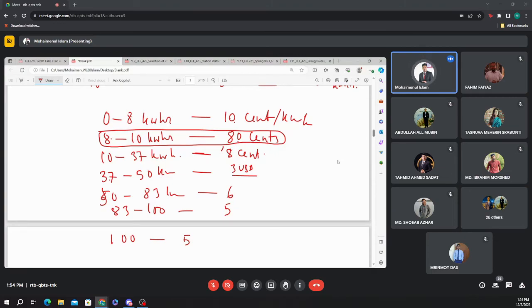Each of the energy, you need to pay the constant rate. And for 50 to 83, the rate is previously designed 6. But for 83 to 100, if you consider the 6 cents, for 83 energy, it is almost $5, 5 USD, 5 BDT, or whatever, if you consider. So after 83, you need to pay a flat rate. And over 100, you need to pay 5 cents.